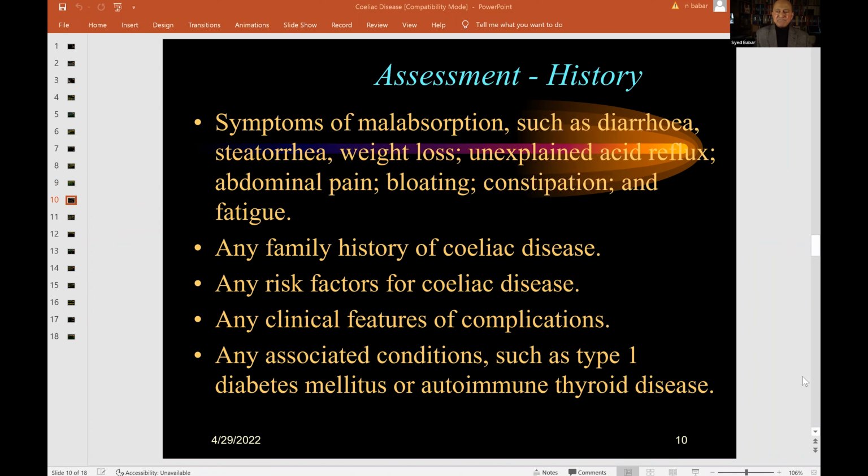How does one assess a patient suspected of celiac disease?